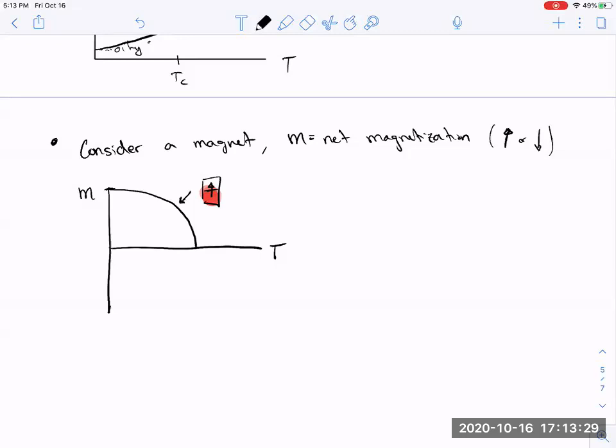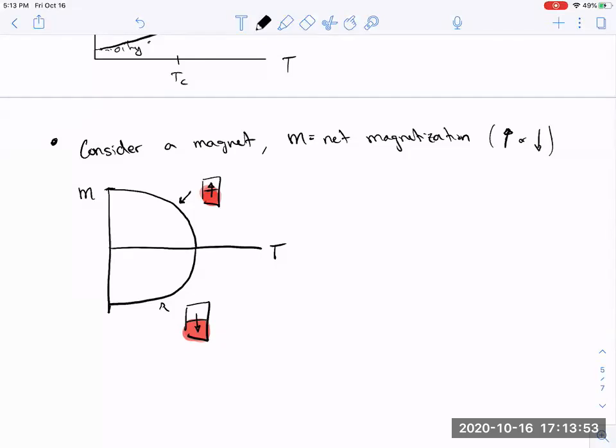Turns out if I cooled it back down, it could very easily change sign. It could generate a magnetic moment that was now pointing down from the white side to the red side. It could just as easily go back to where it came from, but in fact it could actually go either way.